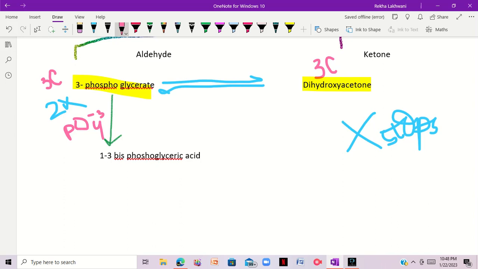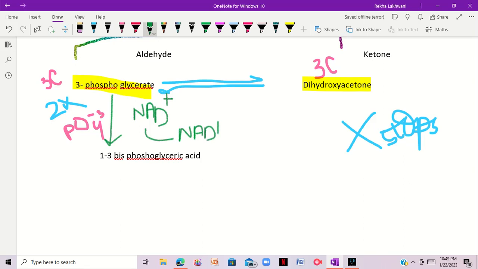So through that energy, NAD positive is basically converted into NADH, right?